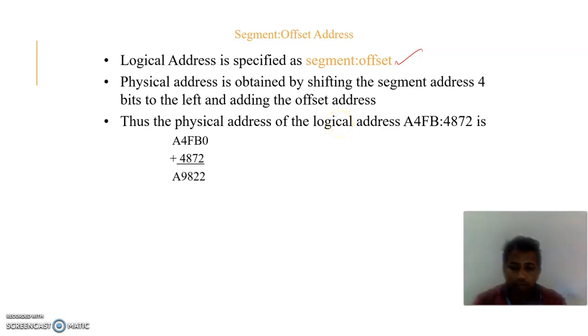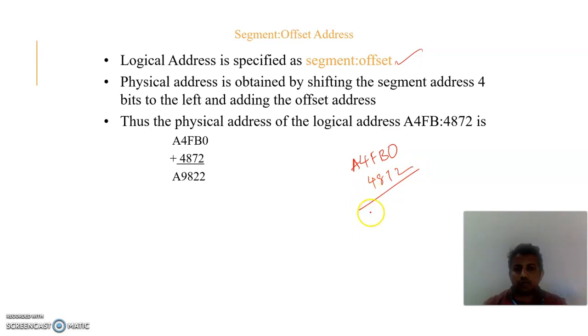That is how you go for the physical address. When we go for this example, A A4 FB and 0 plus the offset address, which is 487.